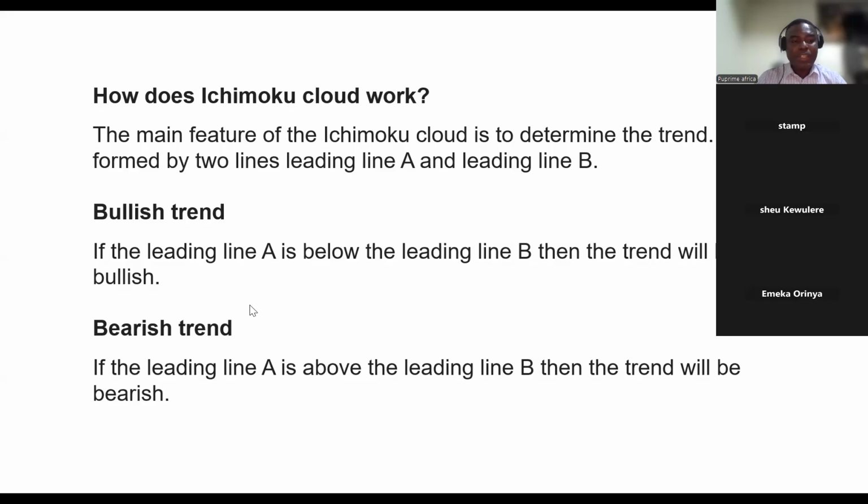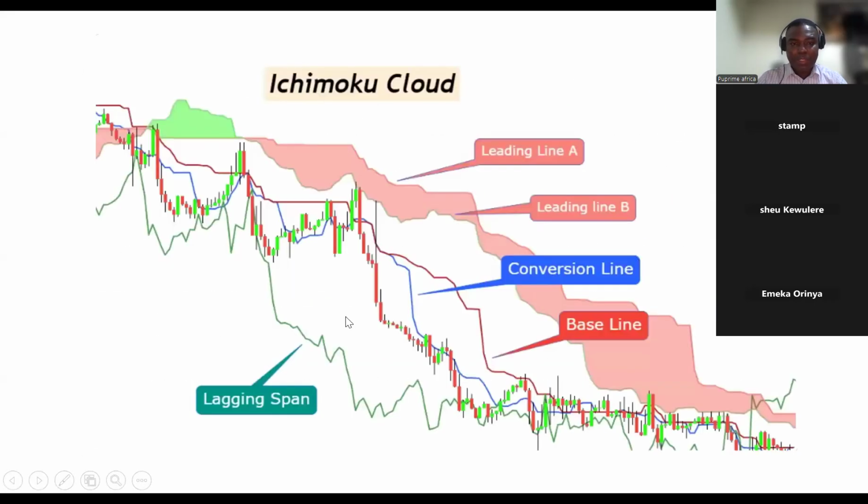So let's go back now. If the leading line A is below the leading line B, then the trend will be bullish. And if the leading line A is above the leading line B, then the trend will be bearish. That is exactly what we have right here.